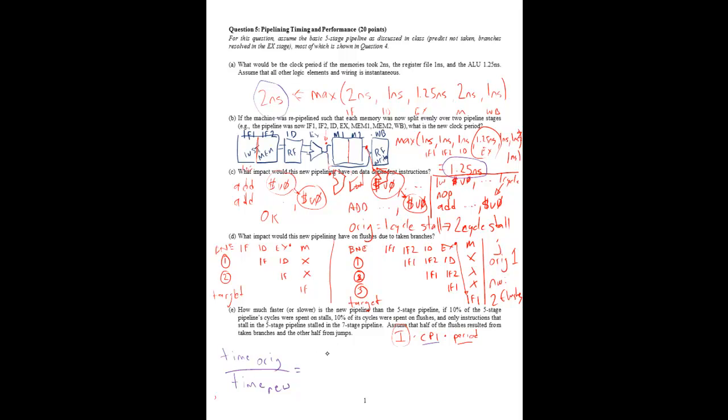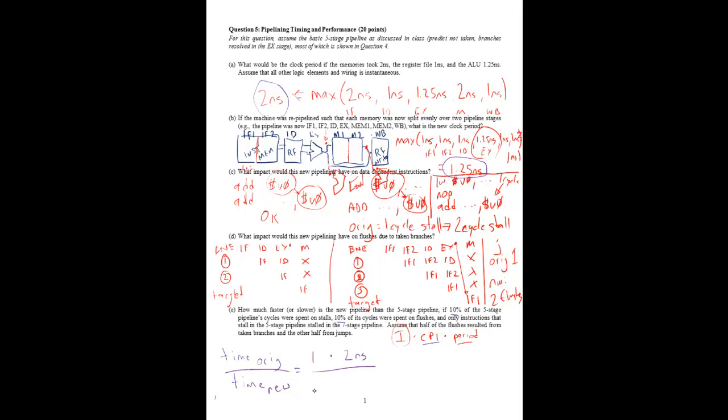So the original CPI, we're going to say it's 1, times the clock period of 2 nanoseconds. The new CPI is a little more complicated to compute, but if we look at what's given, it says 10% of the time was spent on stalls and 10% of its time was spent on flushes.